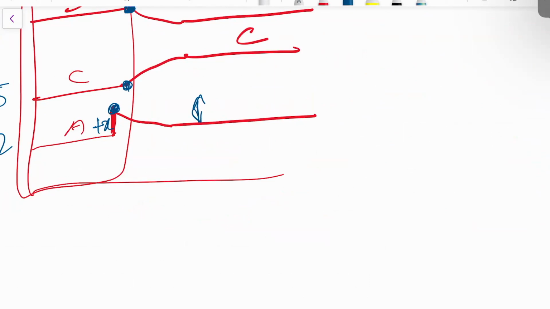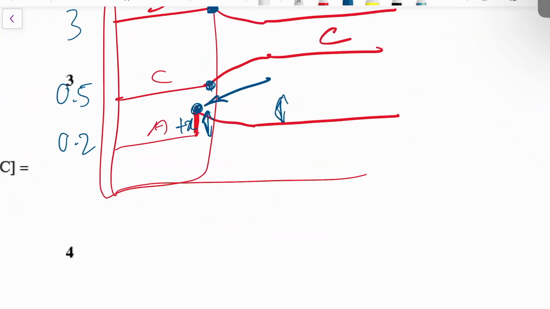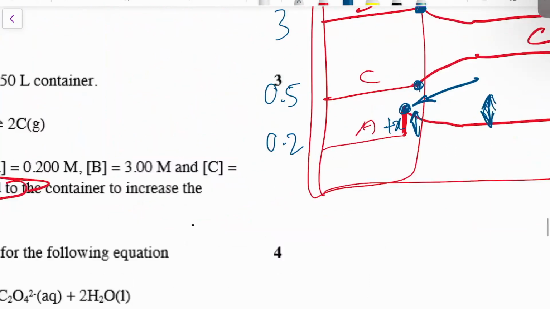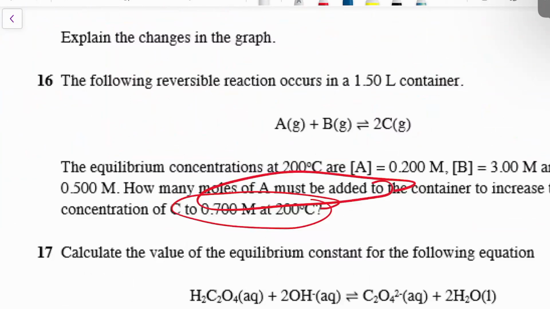So keep in mind that when we talk about change in an ice table, that's the gradual change, not the immediate change. This immediate change here, you have to figure out yourself from the initial row of the ice table. So when the question asks how many moles of A do we have to add, that's the new initial.